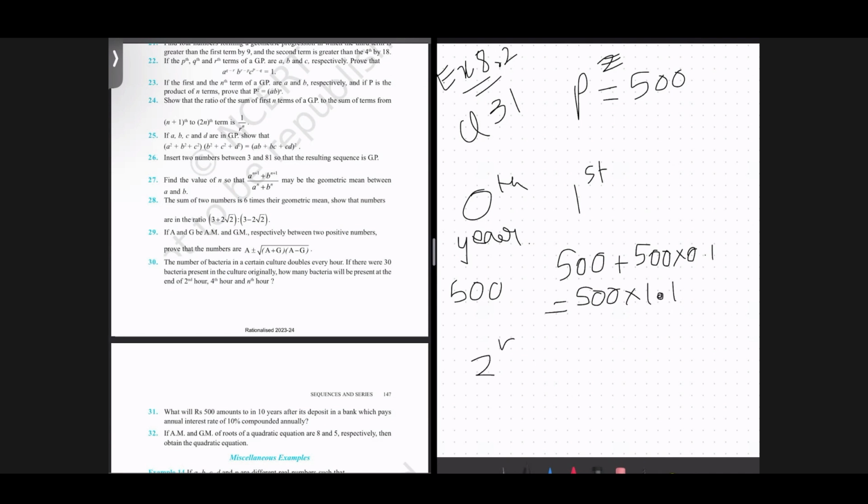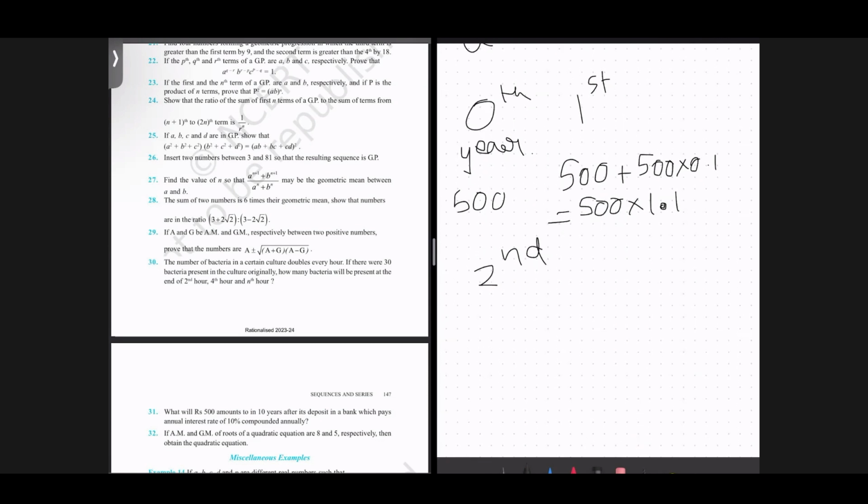At the end of second year, your amount at the end of first year gets compounded again, right? So now you get 500 into 1.1 into 1.1 again, because the interest is generated upon this amount and the principal is this amount, right? Similarly, at the end of third year, you have 500 into 1.1 into 1.1 into 1.1.